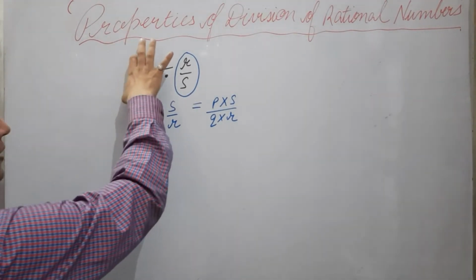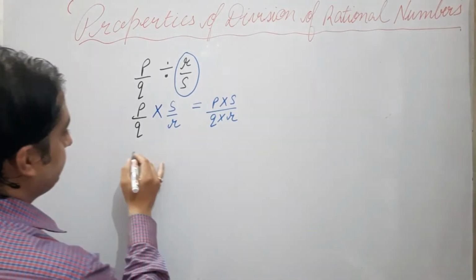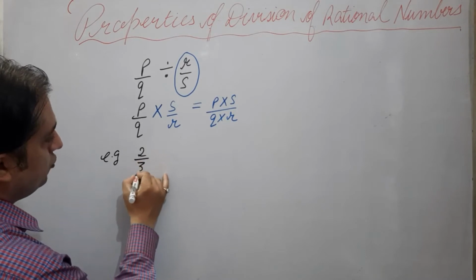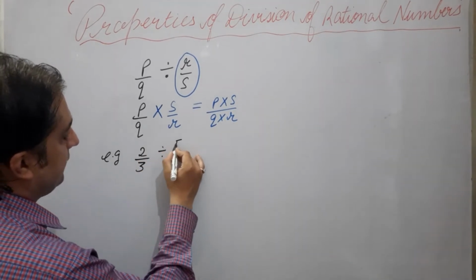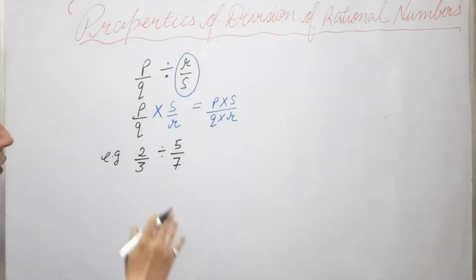So this is your dividend and this is your divisor. If I take the example, 2 by 3 to be divided by 5 by 7, you can't apply the operation directly.